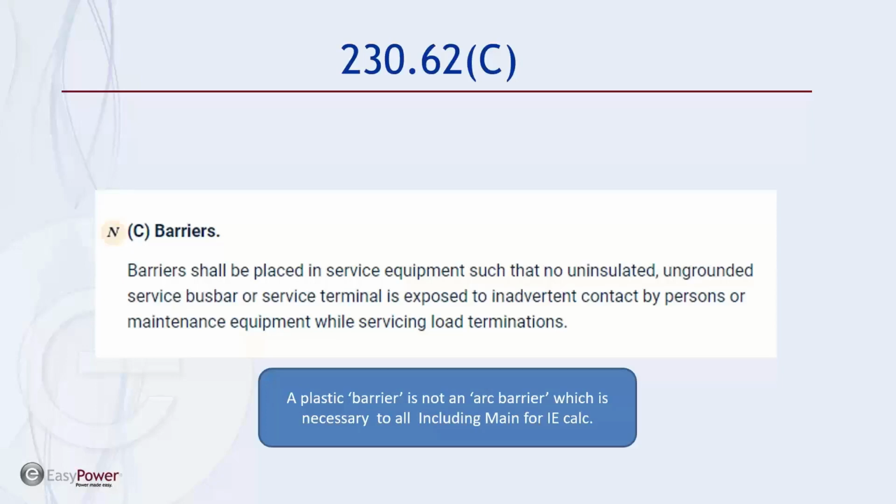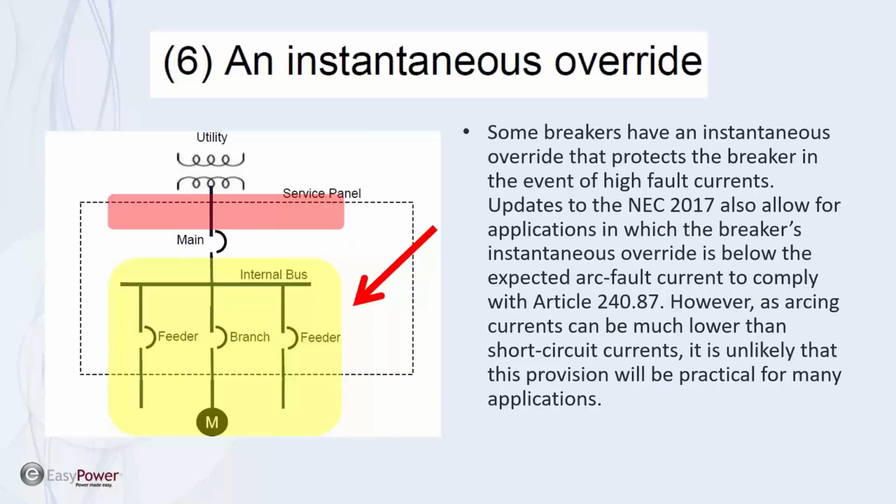So these plastic strips that get put on terminals technically don't qualify as an arc barrier to determine whether we include or exclude the main breaker. And so the same discussion applies about instantaneous override.